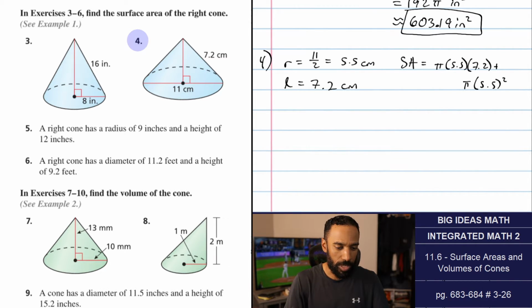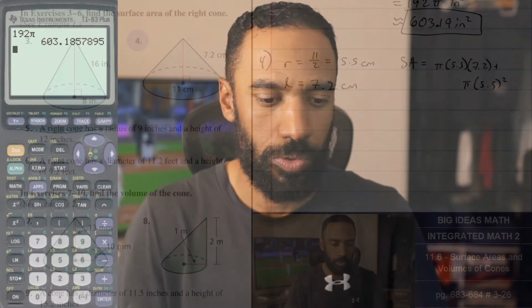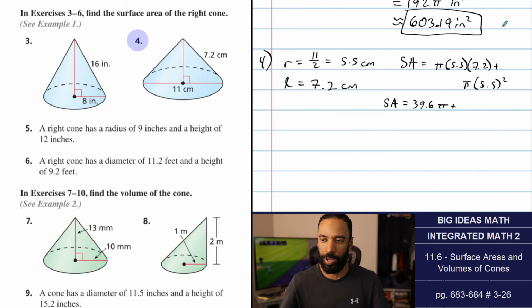Pi times 5.5 squared. I don't know what 5.5 squared is, so let me jump to the calculator right now. I'm going to leave it in terms of pi to start with. So 5.5 times 7.2, and 39.6 is nice. It's not sad. 39.6 pi plus 5.5 squared is 30.25. I'll do the rest off screen.